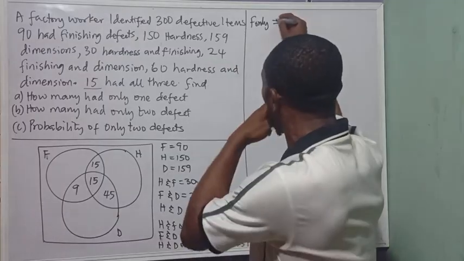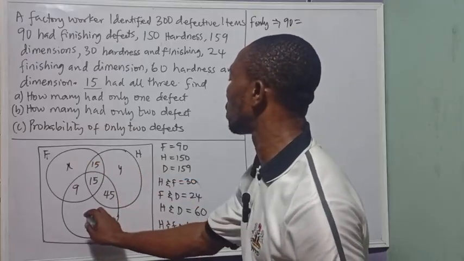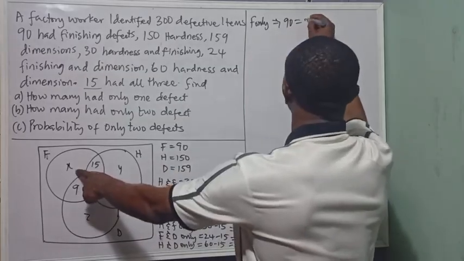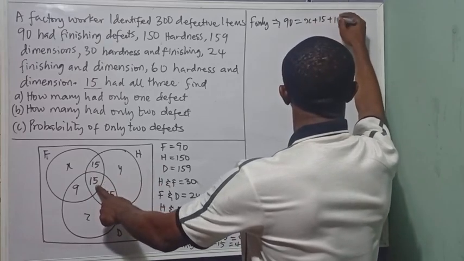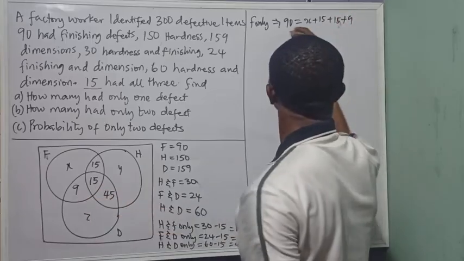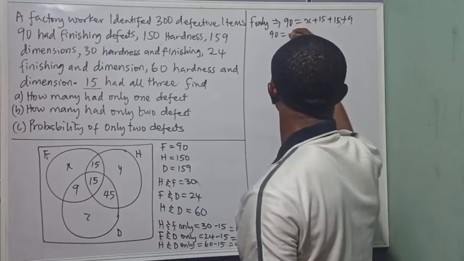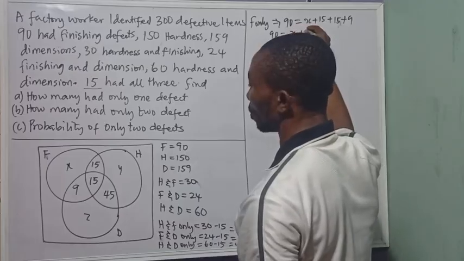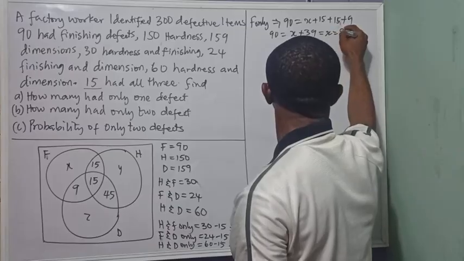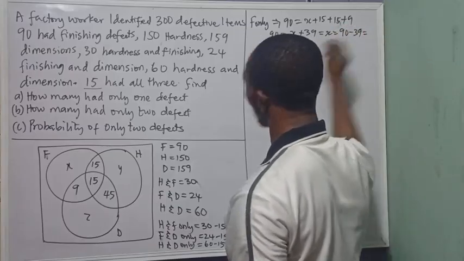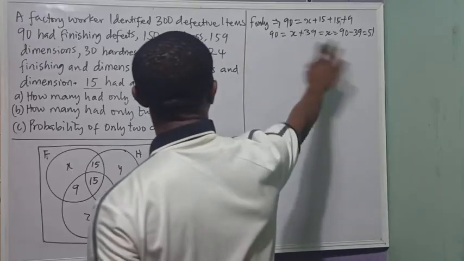So this becomes 90 equals, let's call these X, Y, and Z, X plus 15 plus 15 plus 9. So 90 equals X plus 39. So X gives us 90 minus 39, which gives us 51. Okay, that is for finishing only.